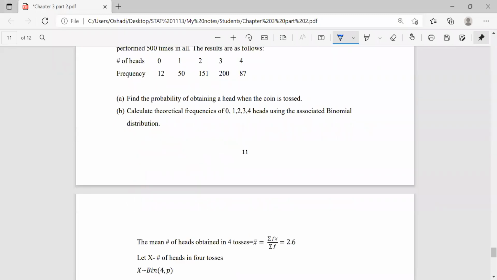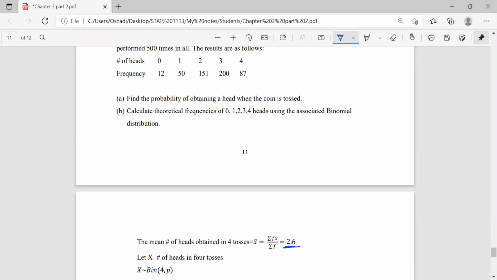If we take the mean of heads obtained in 4 tosses as x bar, we can find the mean using summation of fx over summation of f, the frequency. It's basic knowledge of statistics. So if we take that, the mean of heads obtained in 4 tosses is 2.6.